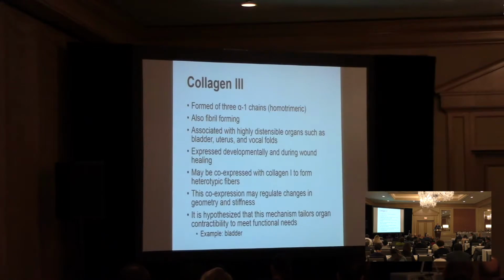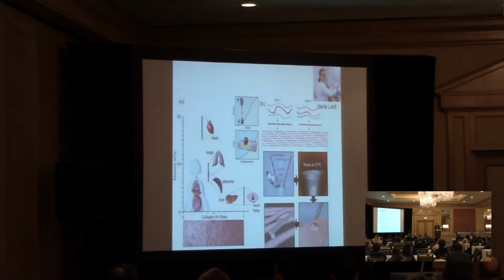Scar has a lot of collagen 1, an excess of collagen 1, and scar is very stiff. But the presence of collagen 3 usually helps to prevent scar formation, and collagen 3 is a lot softer. So we think that the use of collagen 3 is probably better than collagen 1 in terms of avoiding scar formation and obtaining the right stiffness properties of the organ.